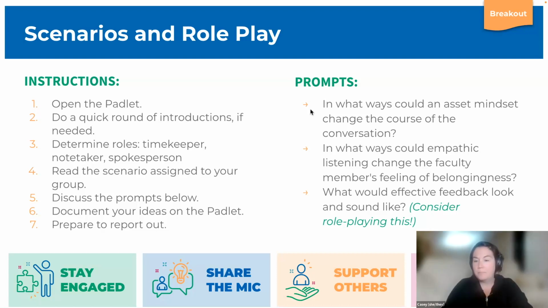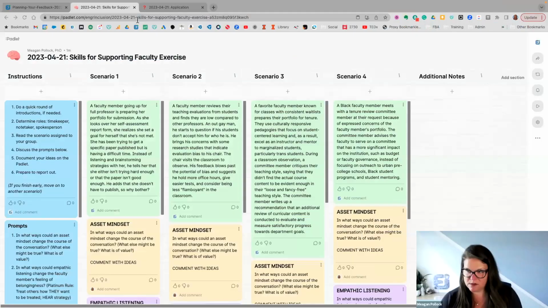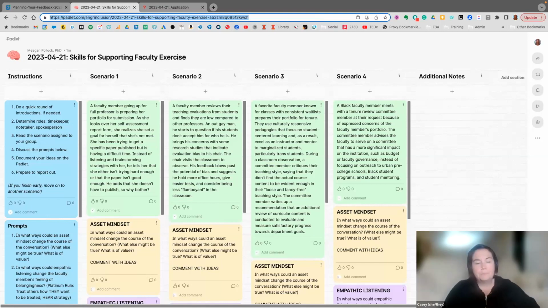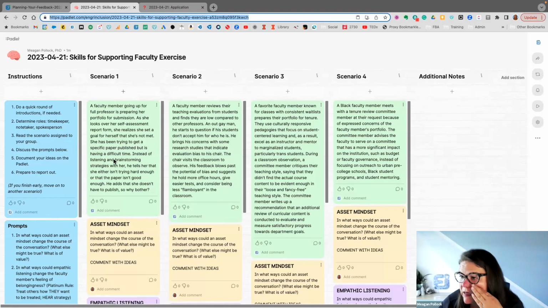Here's the long link, it's not the short link. So we're going to have everybody open up this Padlet. What you'll find is the green box here are the scenarios, and I've modified them as best I can to more closely relate with the tenure review process at your institution.